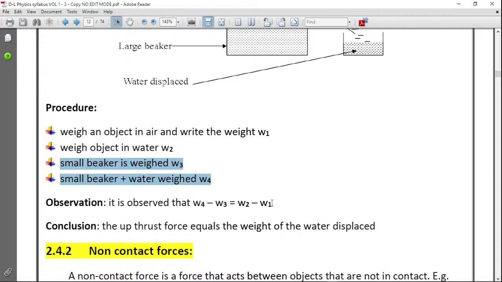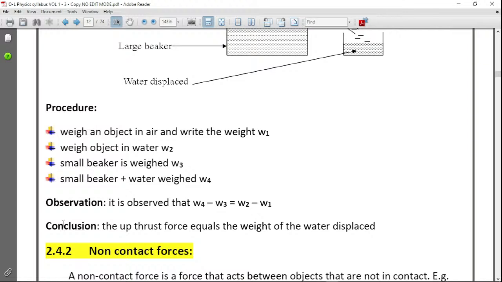That is, the weight of the object in air minus its weight in water is equal to the weight of the beaker plus water minus the weight of the empty beaker.